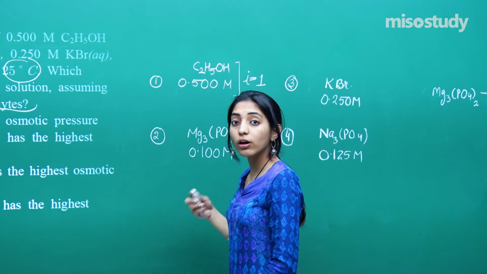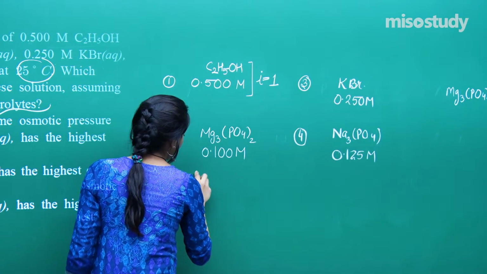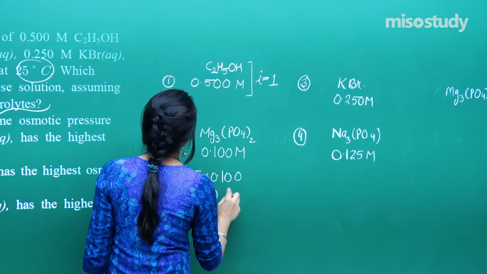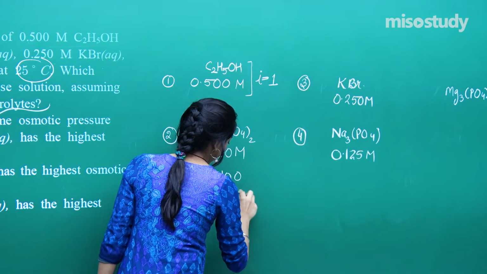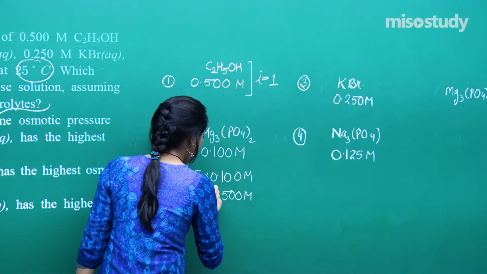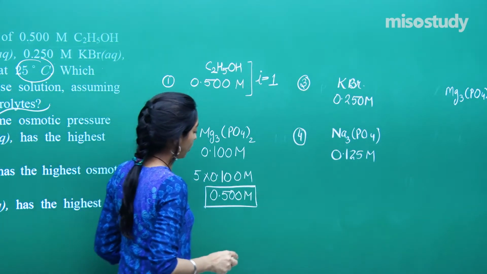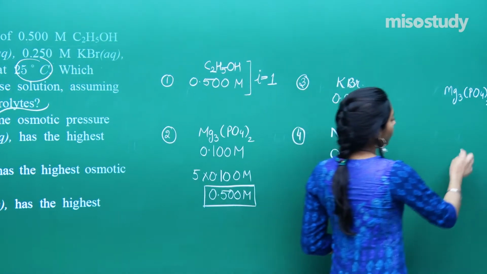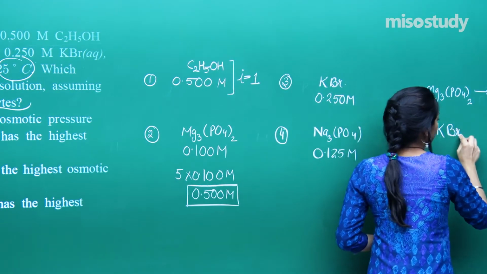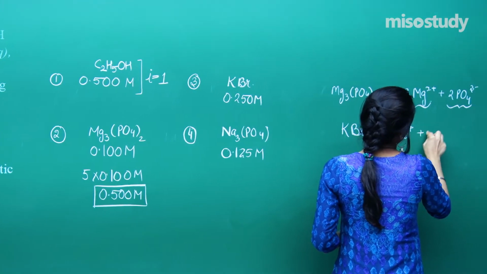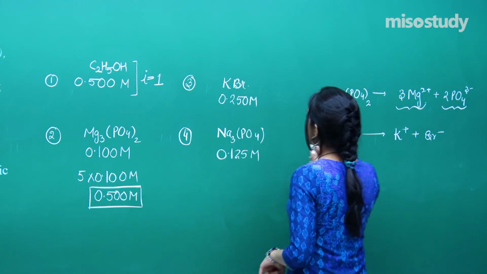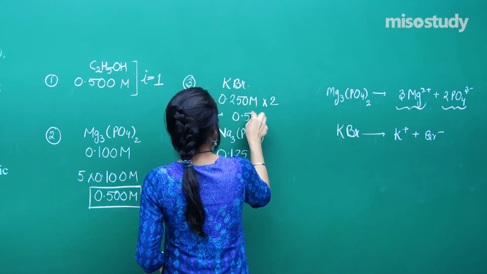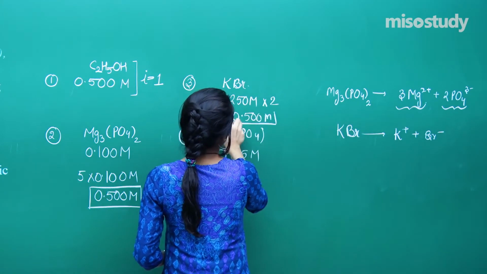So what will be the overall concentration? The overall concentration will be 5 into 0.100, which implies 0.500 molar. So it appears as if the particles have a total concentration of 0.500 molar. Now moving on to KBr, K+ and Br-, the van't Hoff factor is 2, so the overall solution appears to be 0.500 molar.